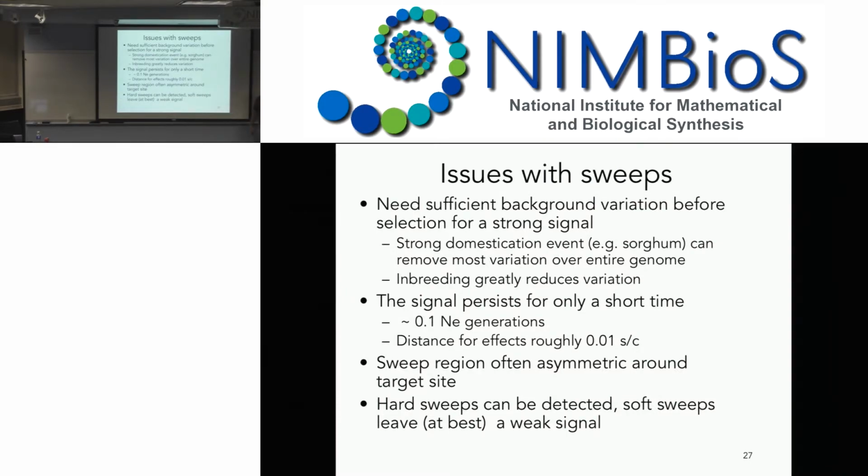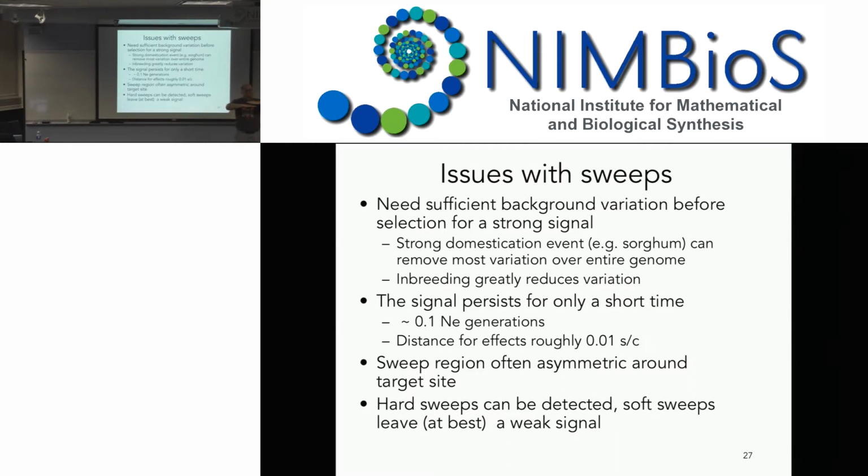So what are the issues with using sweeps? You need sufficient background variation before selection to detect a sweep signal. If your background level is here and your domestication brings you down here, you need enough room so you can catch a reduction in polymorphism. That's easy in maize.